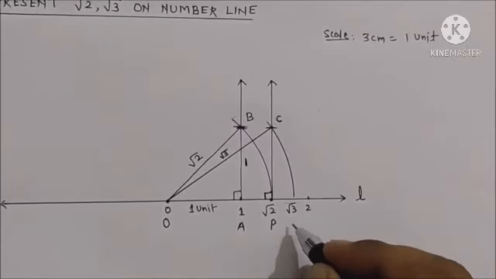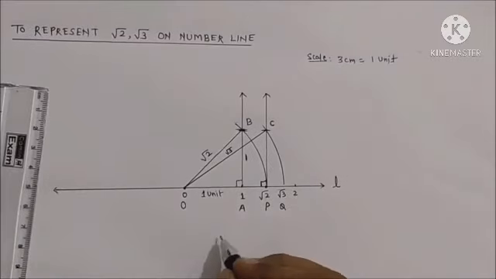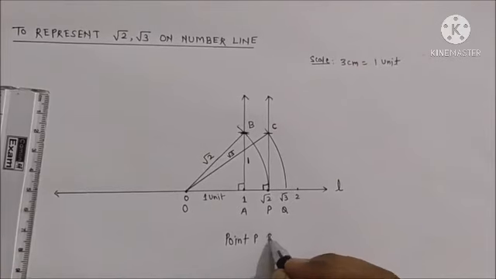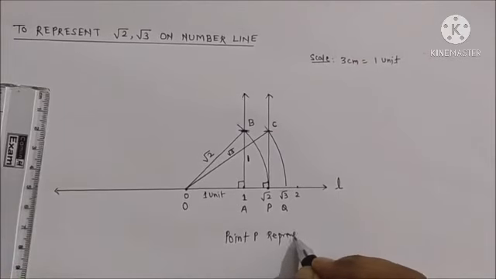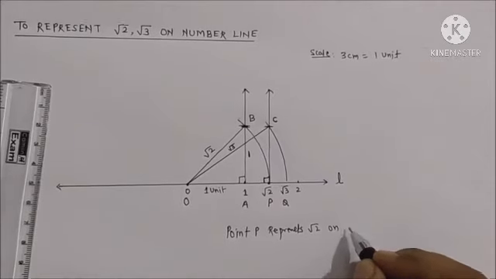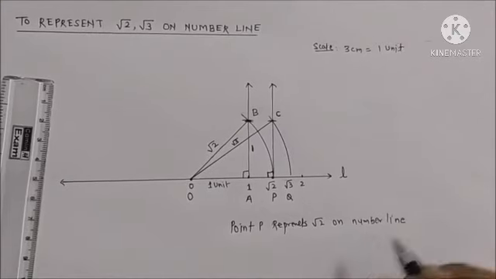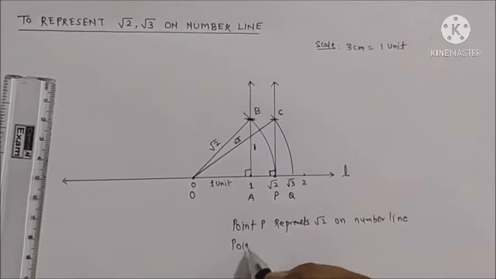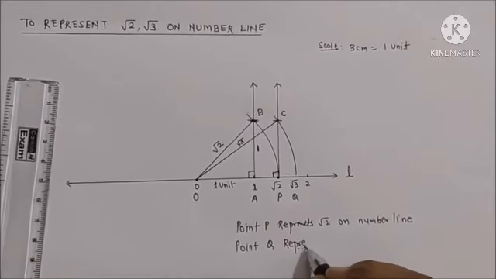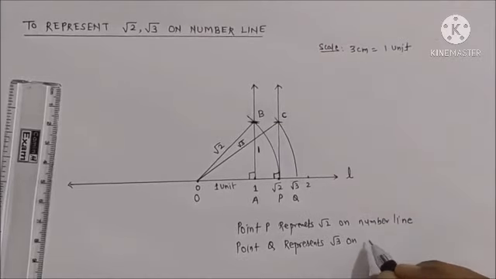Name it as point Q. Point P represents root 2 on the number line, and point Q represents root 3 on the number line.